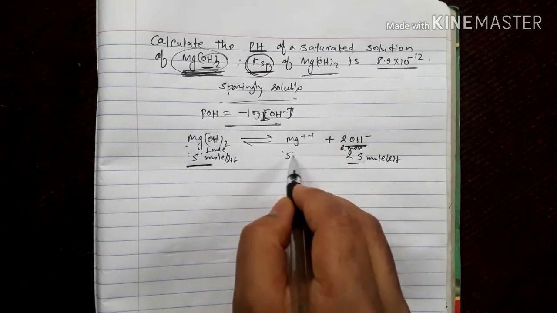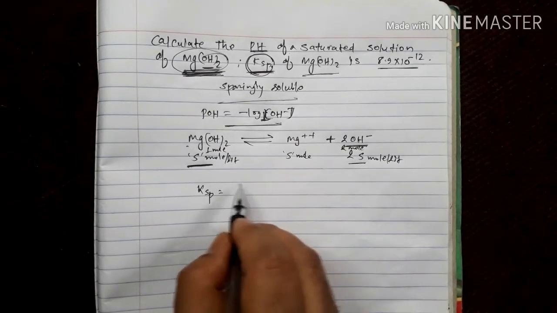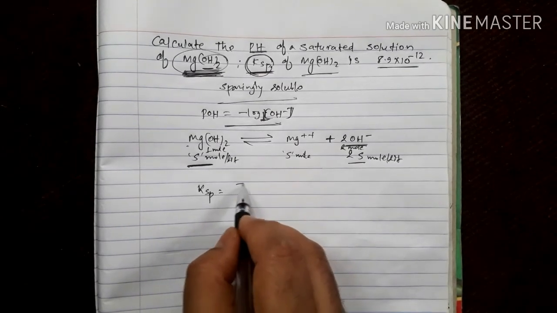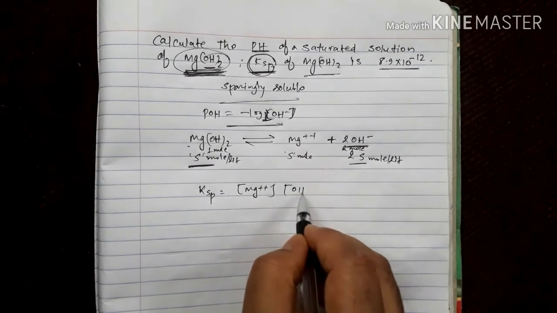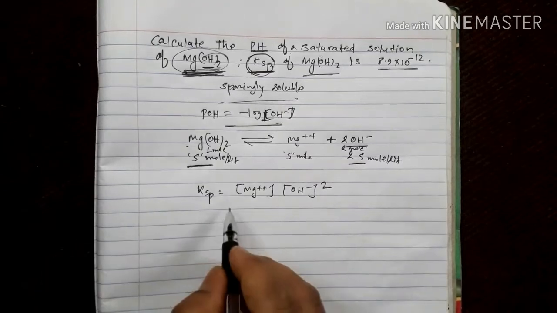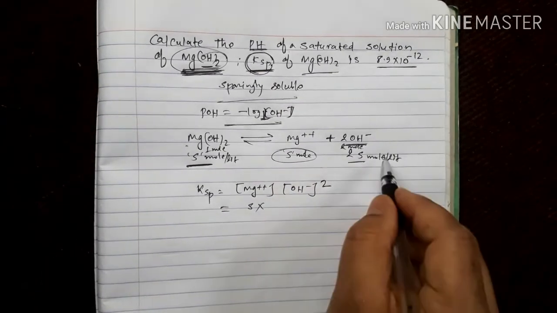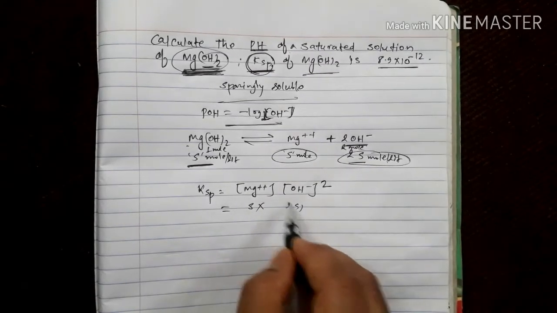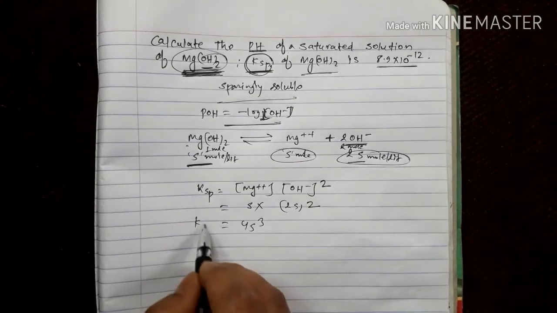From the Ksp relation, the value will be concentration of Mg++ into concentration of OH minus squared. Concentration of magnesium is S, concentration of OH minus is 2S squared, that is 4S cubed.